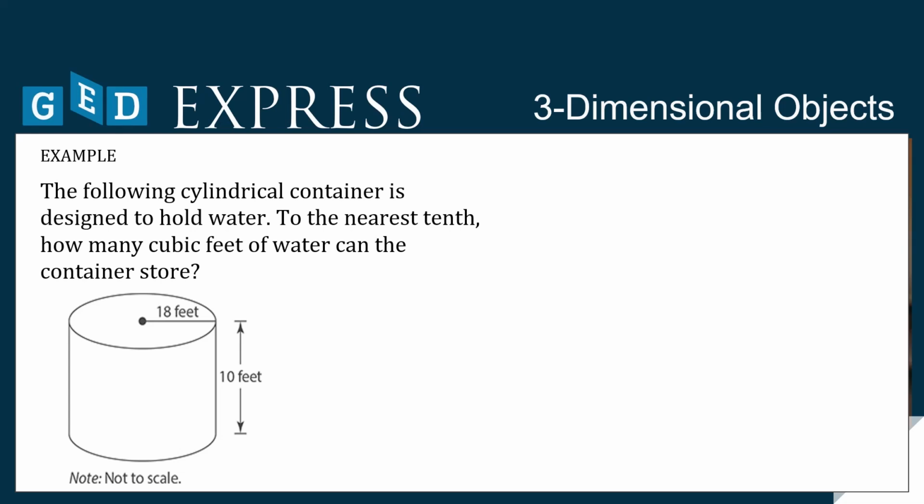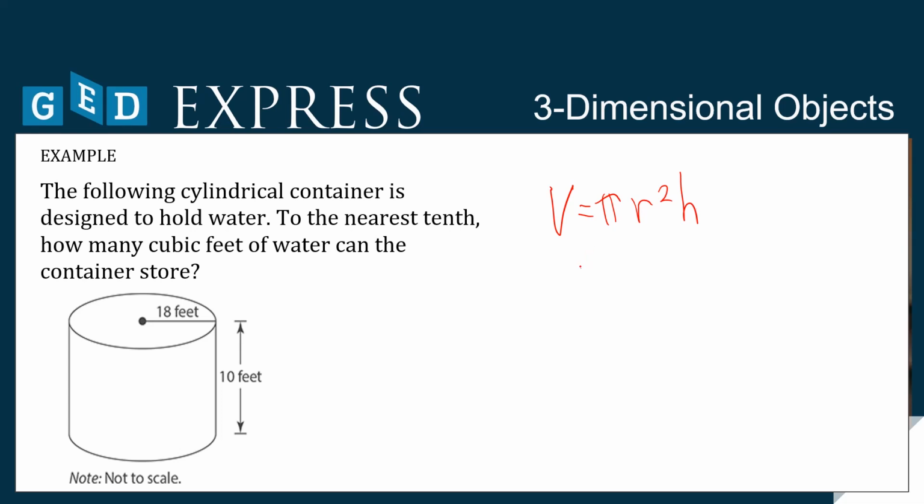So we will be using the volume formula for a cylinder. What is the volume formula for a cylinder? V is equal to pi r squared h. r is the radius, h is the height.